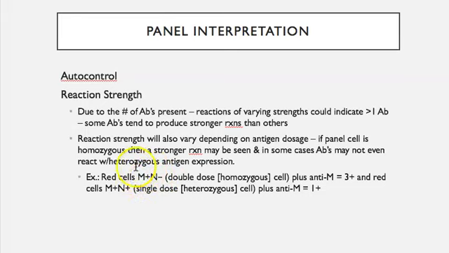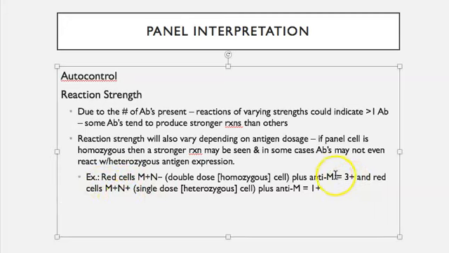So they've got a stronger expression of M. That's a double dose, which is homozygous. And if the patient has an anti-M antibody, you're going to see stronger reactivity with the donor cell that exhibits homozygous expression versus the donor cell that exhibits heterozygous expression.